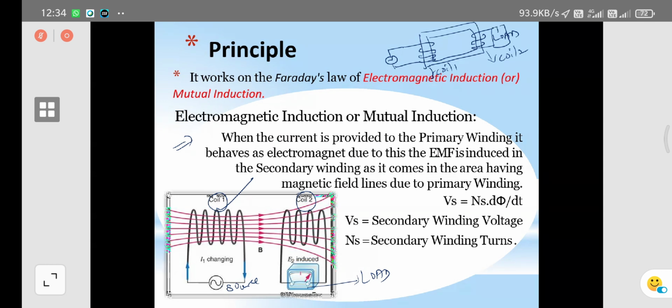Generally we have two main points. Flux cutting is required to generate dynamically induced EMF, that is in the case of a generator, but flux linkage is required to generate statically induced EMF. So there are two points you have to note; always mention the note here.